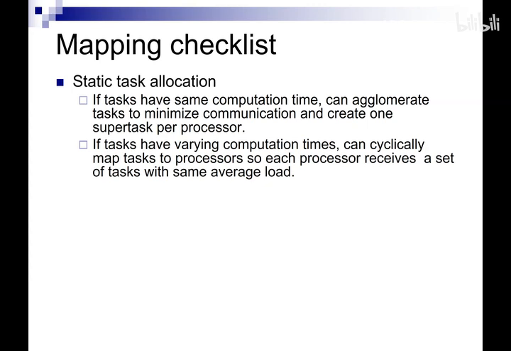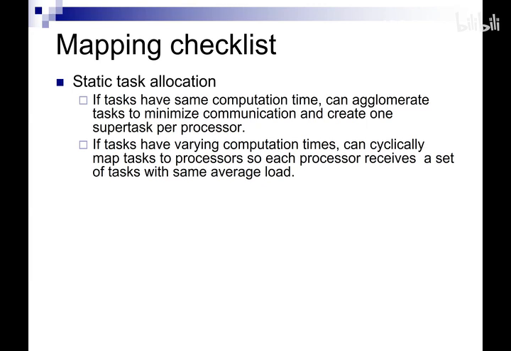So you can maybe just iterate through the tasks in a round robin fashion and assign them to your processors. If you have 4 processors, then you go through all of your tasks and assign them to processors like 1, 2, 3, 4, 1, 2, 3, 4, and so on. In this way, each processor would get a diverse set of tasks, and the hope is that all the different sets of tasks being allocated to the different processors somehow end up being pretty close to each other in overall load.